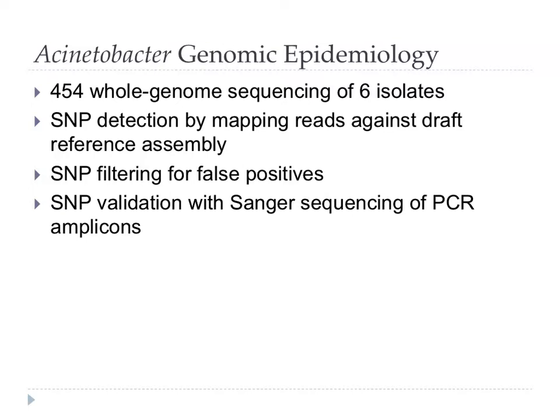We were very careful not to be picking up any false positives. I mean, if you're looking at differences of 1 in a million between genomes, you have to be very careful that you're not just picking up sequencing errors. And so actually we did go through and validate anything that we saw using conventional Sanger sequencing of PCR amplicons as well.